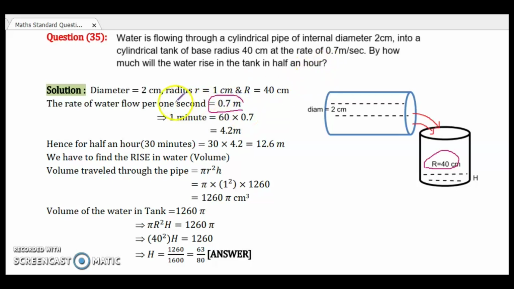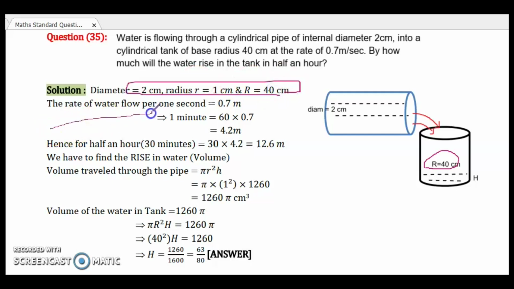Okay, now we have to estimate how much the water will rise in the tank in half an hour. Okay, but here the rate is given in seconds, and the question is asked in hours, right? Okay, let us move on to the answer. Therefore keep these settings in mind.